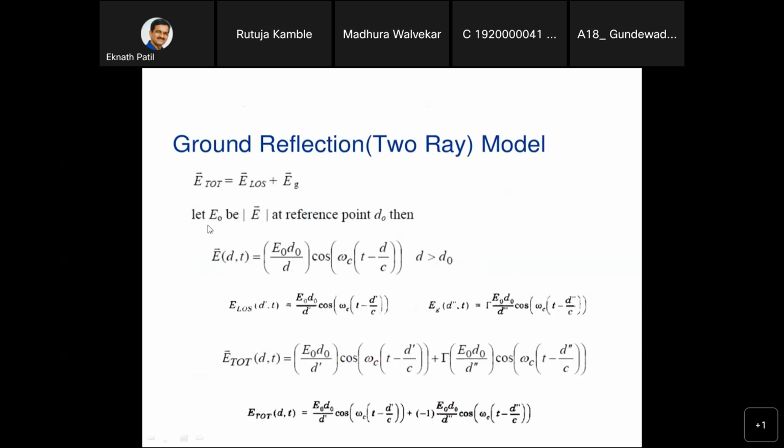So E bar of D, t is a function of distance and time, and that's why E naught D naught by D cos omega c t minus D by c, when D is greater than D naught. E LOS we have to calculate, and then E reflected we have to calculate from this equation, and then E total we have to calculate, and this particular equation gives us E total. So this is the total electric field.